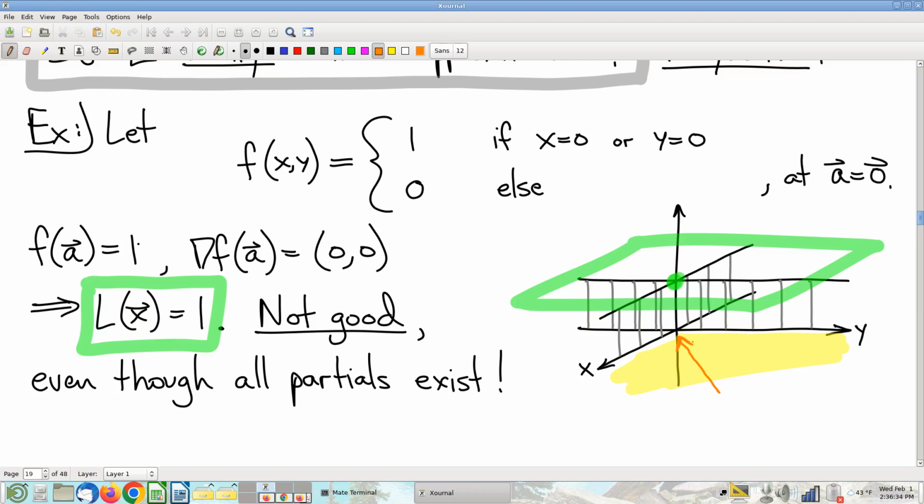It would be unreasonable to call this truly a linear approximation of these values. So even though all the partial derivatives exist, even though you can write down the formula for the linear approximation, it's a stinker. This is not a good linear approximation.